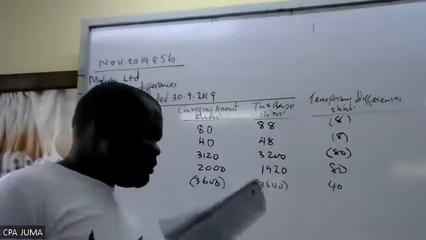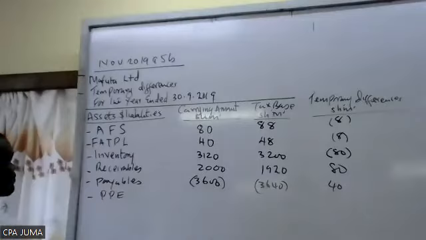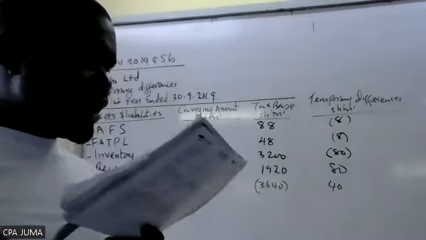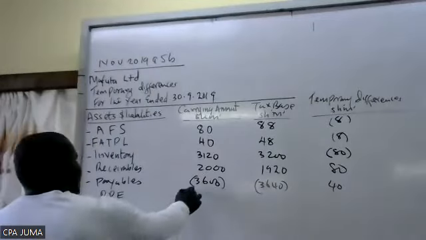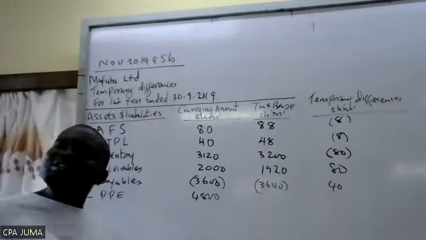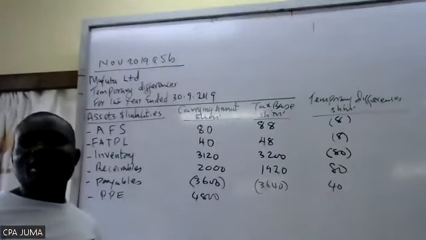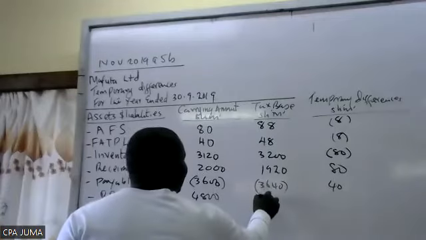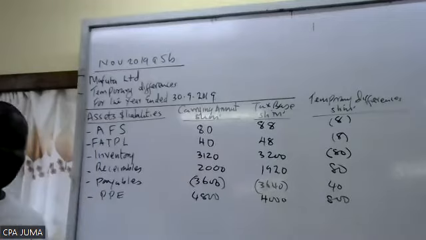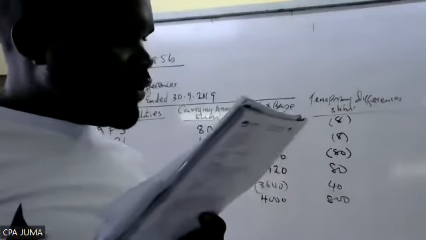Number 5, PPE. PPE has a carrying amount of 48 and a tax base. Once you hear that tax base, don't read ahead, or you will confuse yourself.